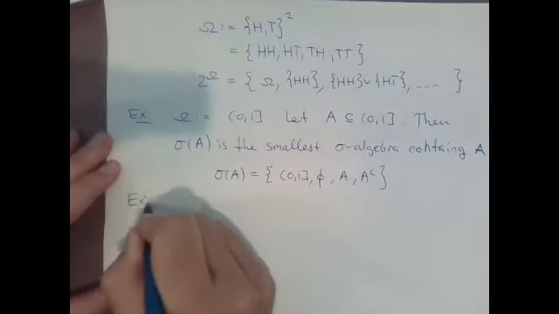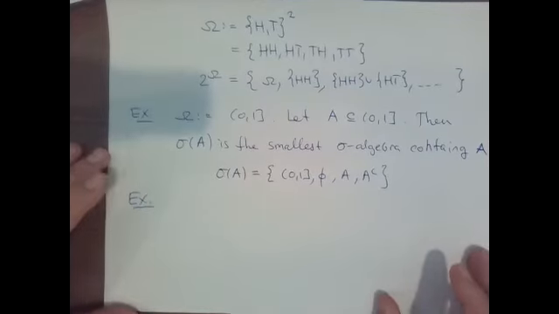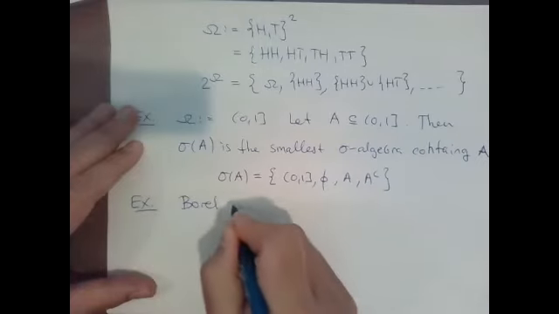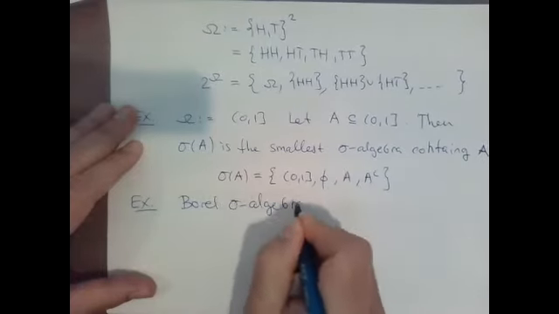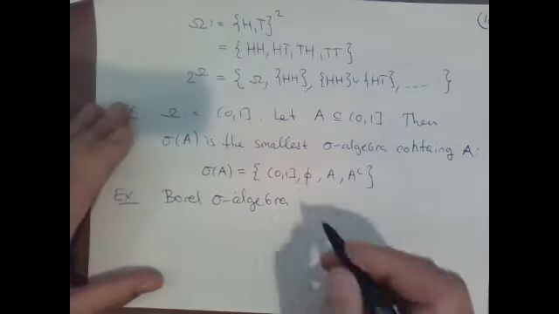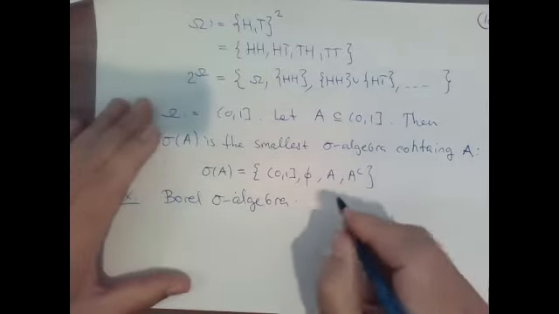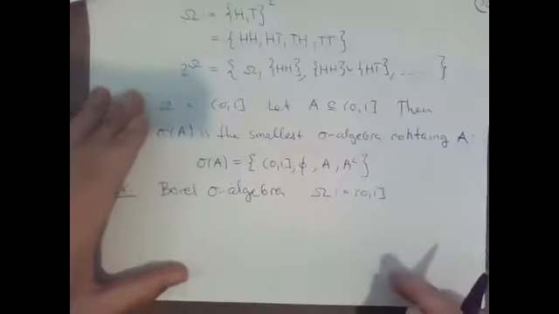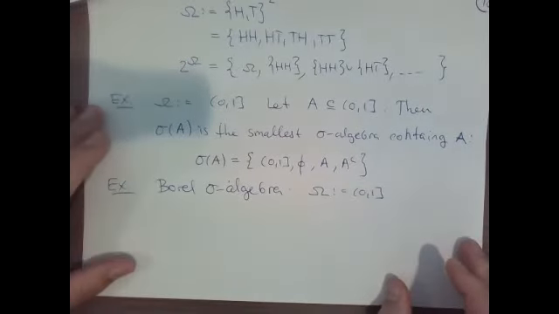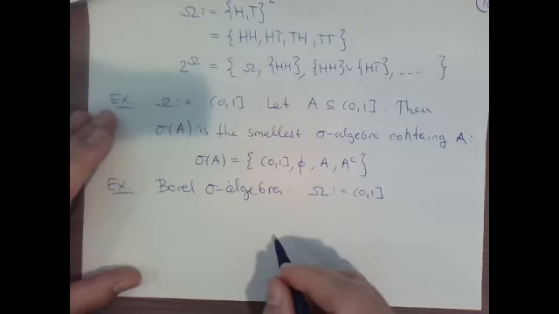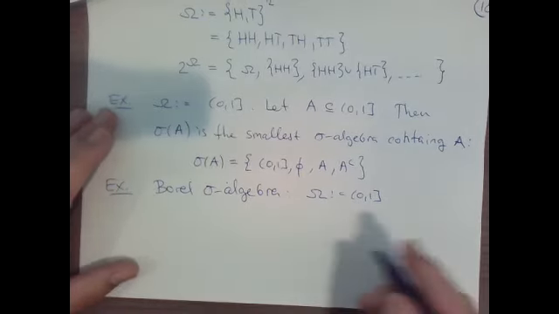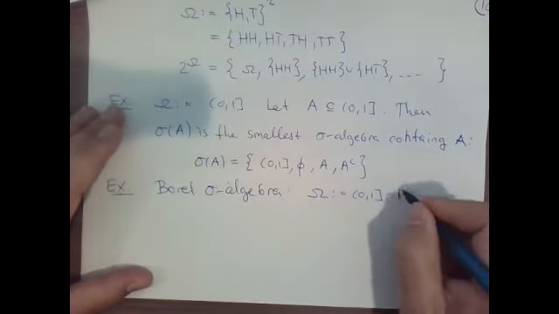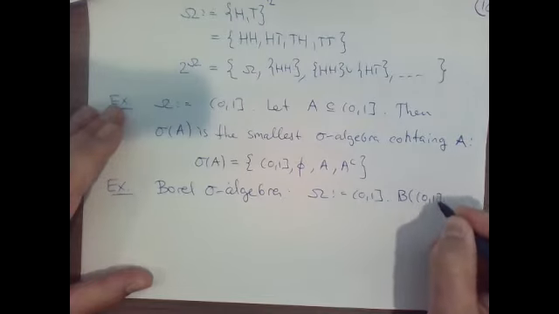A more famous example is called the Borel sigma algebra. Here we're thinking about, if I stick to omega being this half-open set, then the Borel sigma algebra, we call it B of 0 to 1.